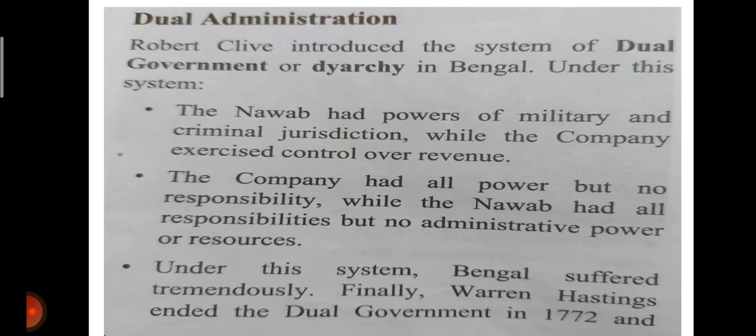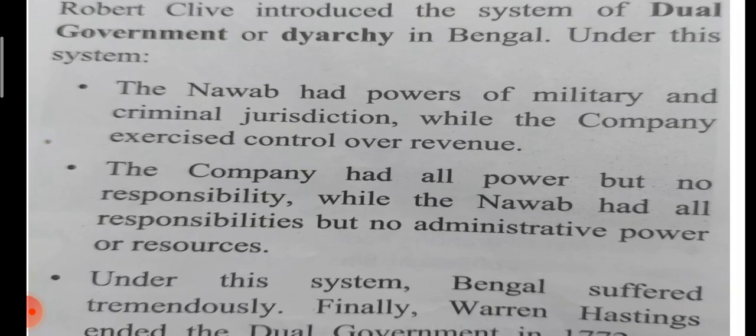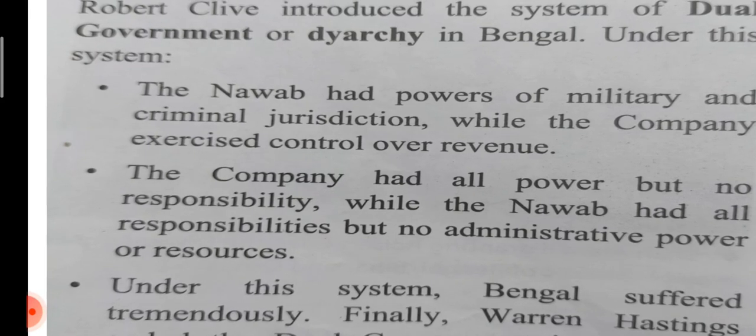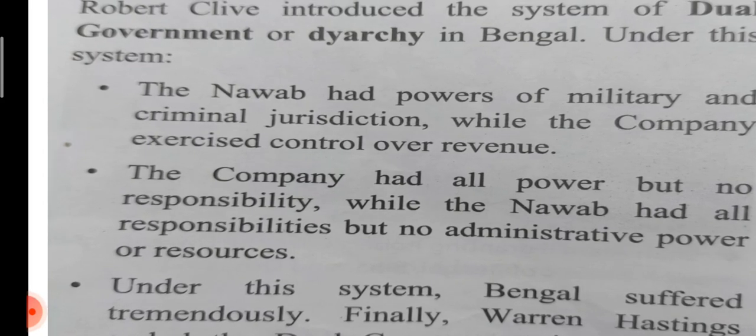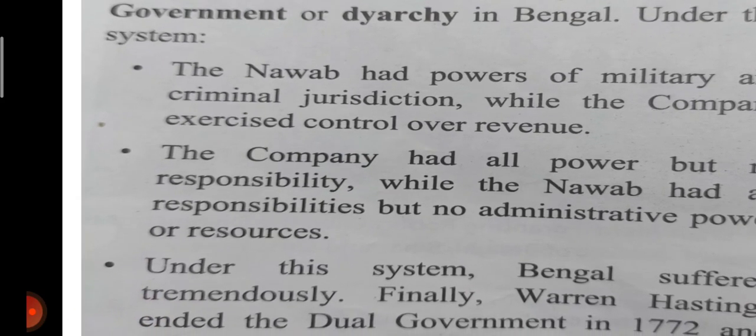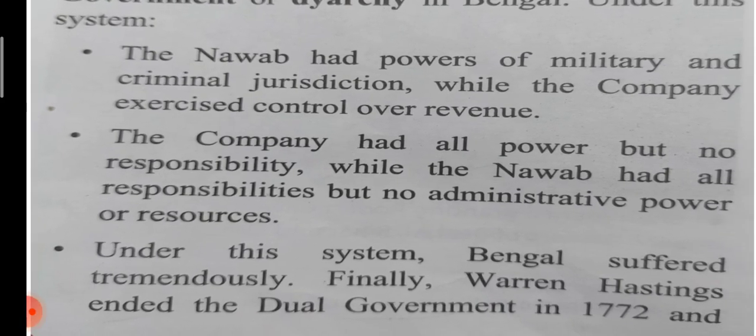Now we will see the dual administration. Robert Clive introduced the system of dual government or diarchy in Bengal. Under this system, the Nawab had power of military and criminal jurisdiction, while the company exercised control over revenue.